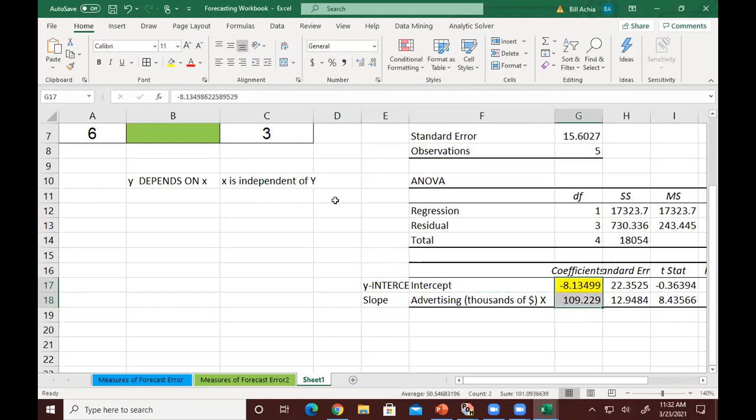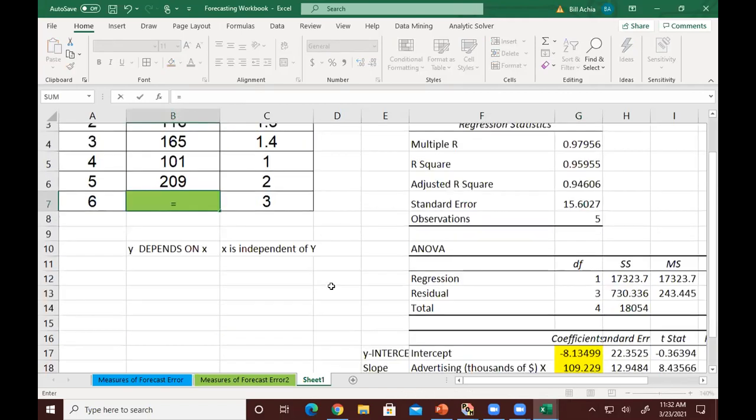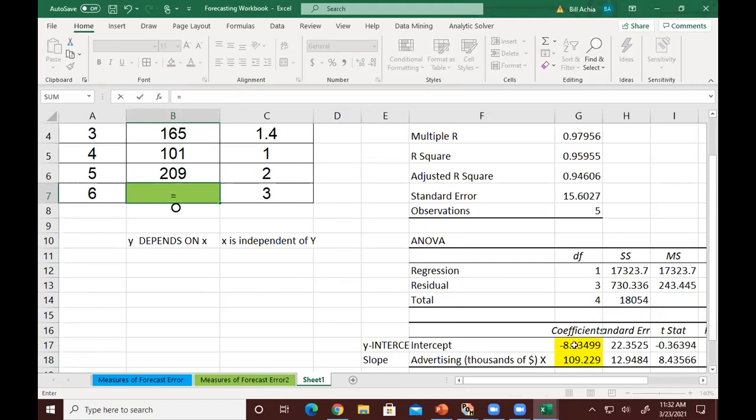So I'm interested in using these, and now I can use those two values, pop them into the table up there and calculate what our expected sales would be. That means that Y would equal our Y-intercept plus the slope multiplied by the amount we're spending on advertising.